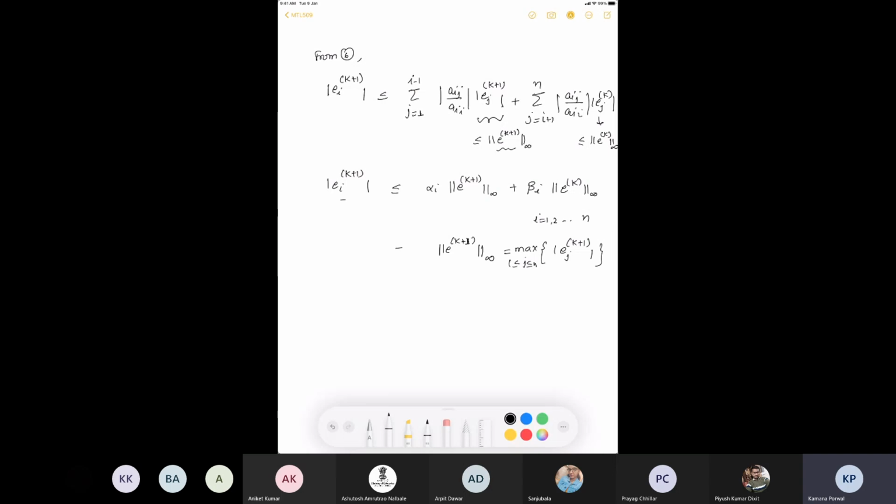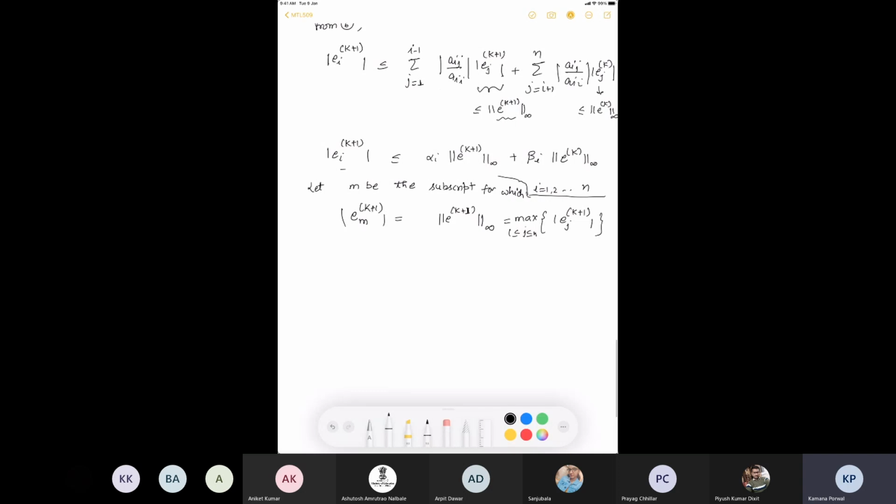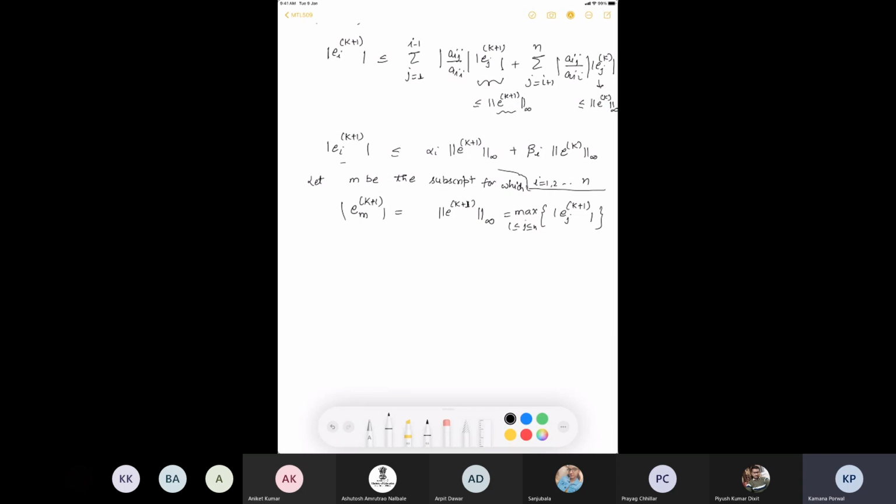So let's call this em k plus 1. Let m be the subscript for which the error in the k plus 1th iterate is attained at the mth component.